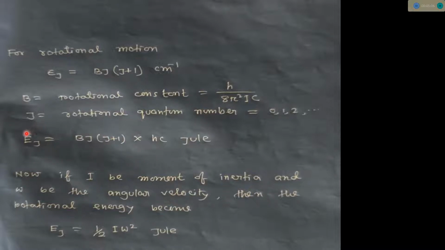The expression half I omega square is also in joule unit. In the quantum mechanical expression there is no angular velocity term, only the rotational quantum number term. In the classical mechanical expression there is an angular velocity term. So we have to consider both energy expressions.